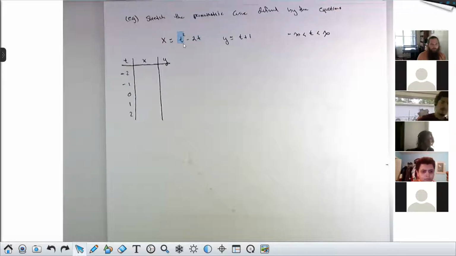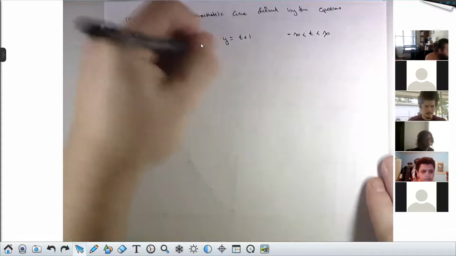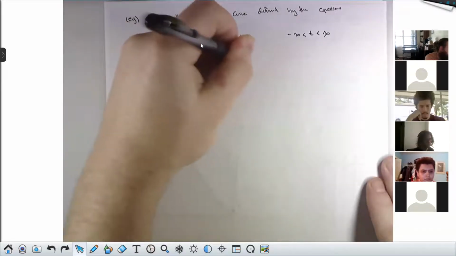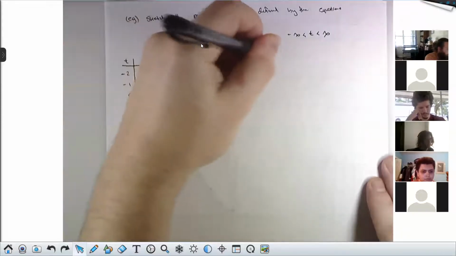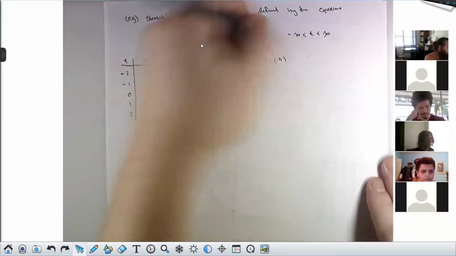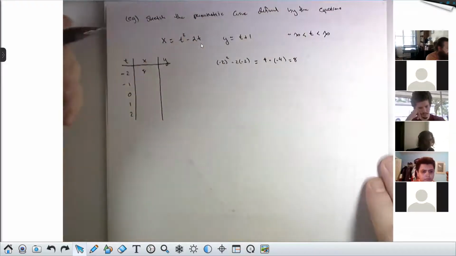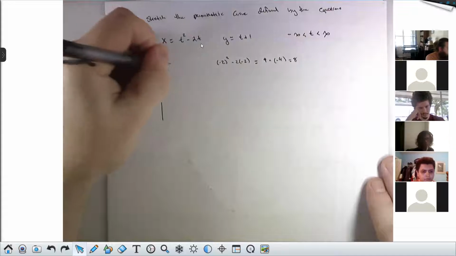I take +4 and subtract -4. I don't want us to lose things in the negatives. That's 4 minus -4, which is +8. And y is -2 plus 1, that's just -1.